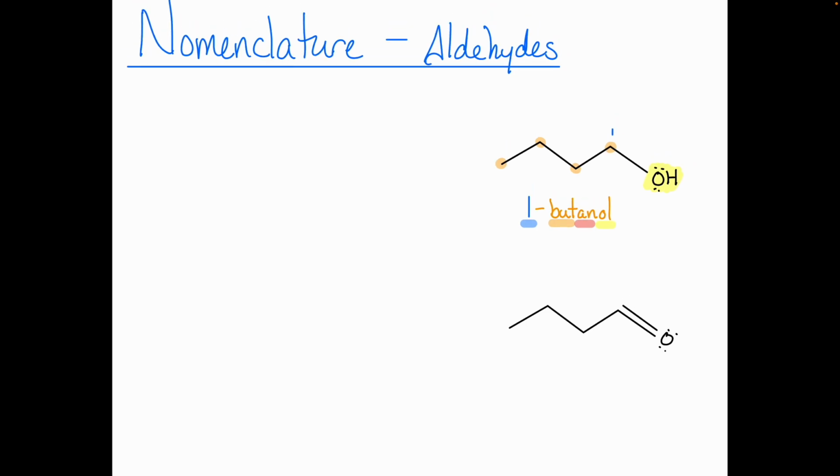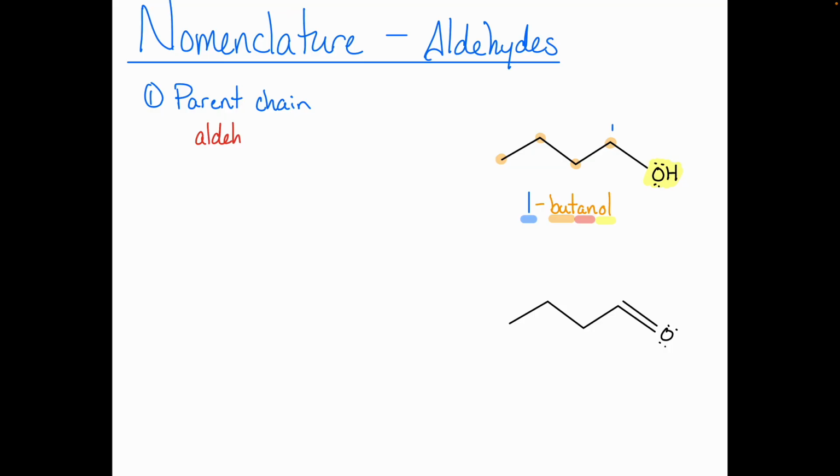Cool, so how are we going to name this thing here? So step 1, when we do our parent chain, since we have a new functional group, our aldehydes, we're going to have a new suffix that we use at the end. Whereas alcohols were OLs, all aldehydes are ALs, al.